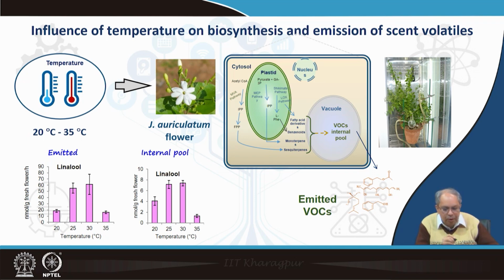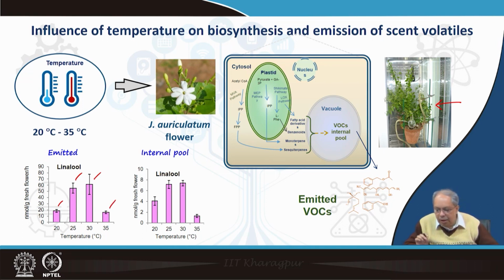These plants were grown in a plant growth chamber, which is shown in the picture, where 4 different temperatures were used. In one instance the plants were incubated at 20 degrees, another at 25 degrees, another at 30 degrees, and another at 35 degrees.